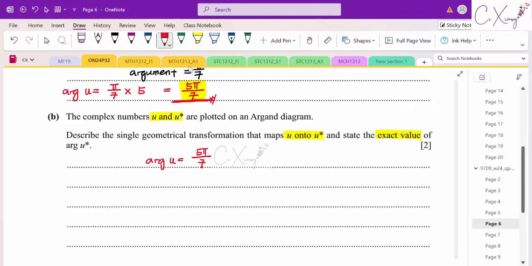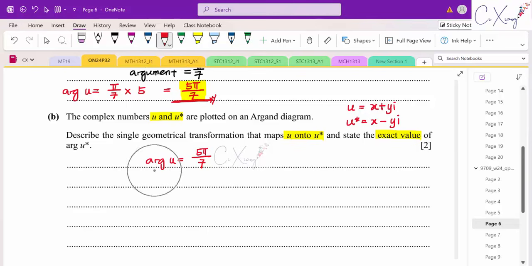So maybe we don't talk about the original complex number here; we talk about the basic u first. If I have the basic u, it is x plus yi. Then when I want to get the conjugate, it should be x minus yi. Understand? Because we changed the sign here.